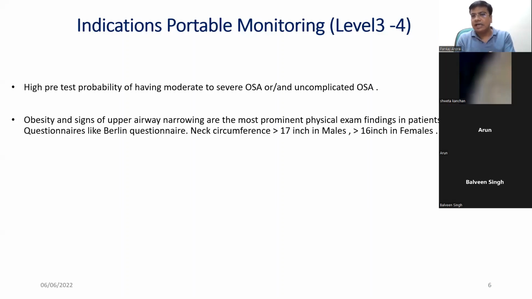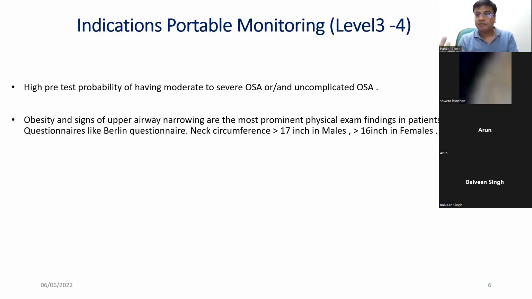What do we mean by uncomplicated OSA? It means you do not have hypoventilation, hypoxemia, or other things which we will come to in the next slides. So it's basically uncomplicated OSA or a clear case of moderate to severe OSA, and then we will look for level 3 or level 4 devices. How will we know whether a patient has moderate to severe OSA?